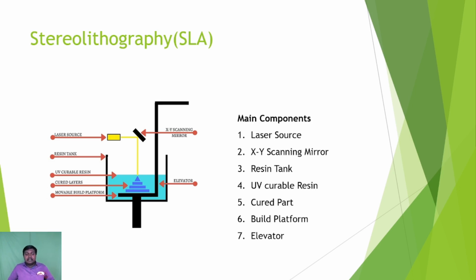It will heat the UV curable resin, and the liquid is converted into solid and forms the final product. Again the elevator will move 0.1 mm, or otherwise 50 micron, below in the Z direction, another layer is formed, and again the particular step is repeated and the final product is made.